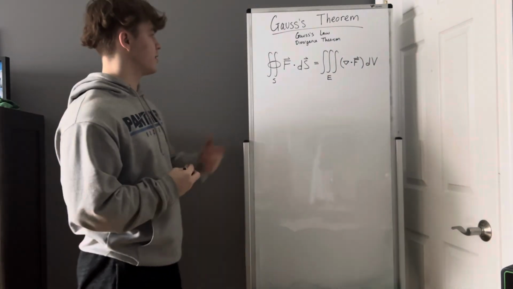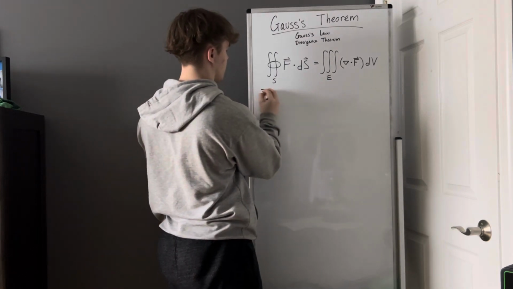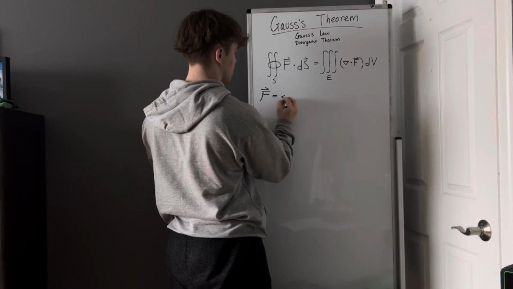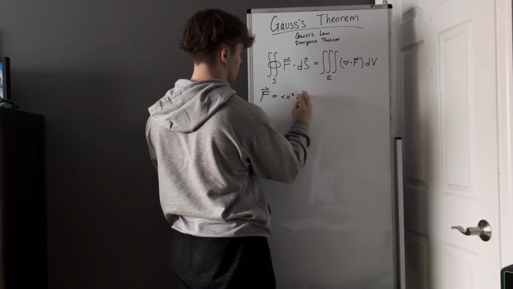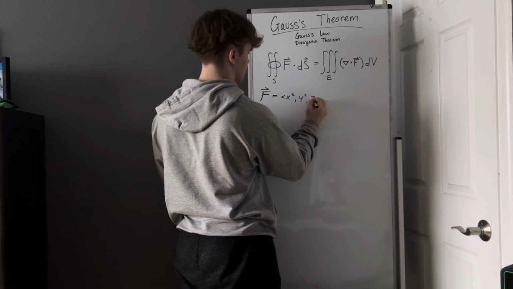We have, let's calculate this, where F, our vector field, is x squared, y squared, and z squared.